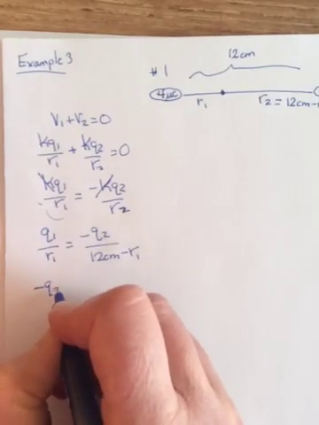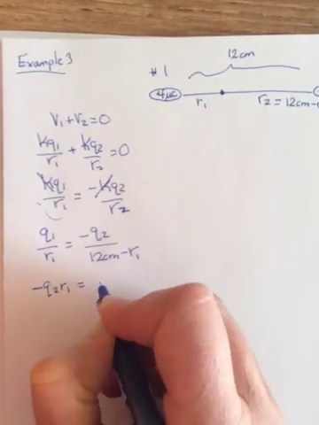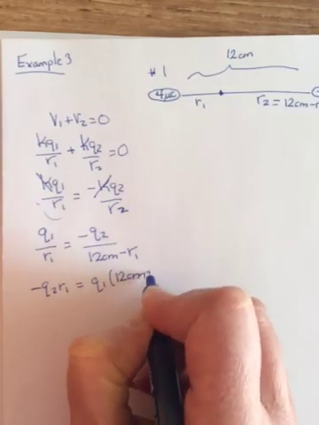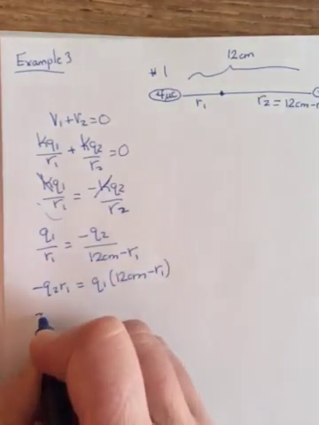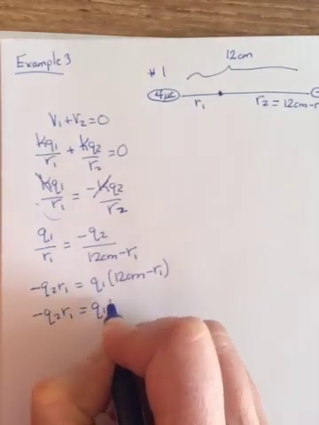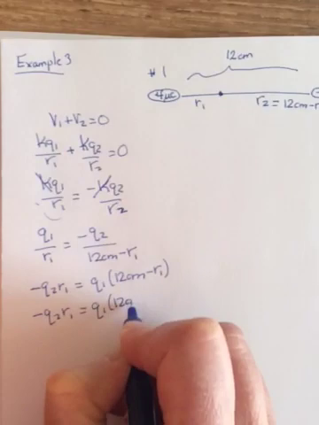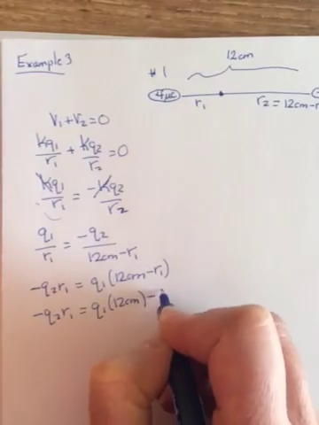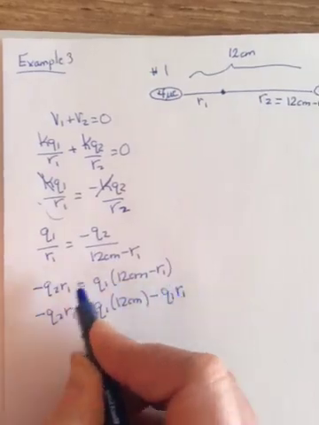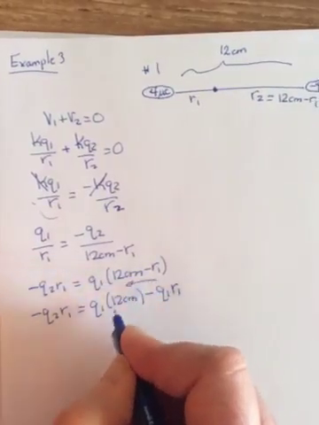So negative q2 r1 will equal q1 brackets 12 centimeters minus r1. Multiply through by your bracket. So q1 times 12 centimeters minus q1 r1. And now you're trying to solve for r1, so I'd bring this guy over.